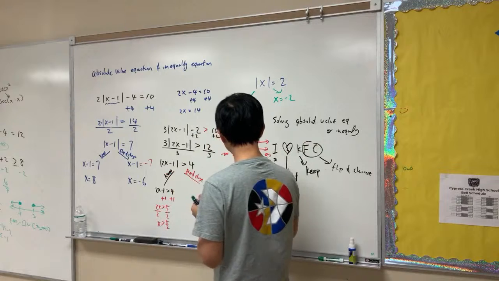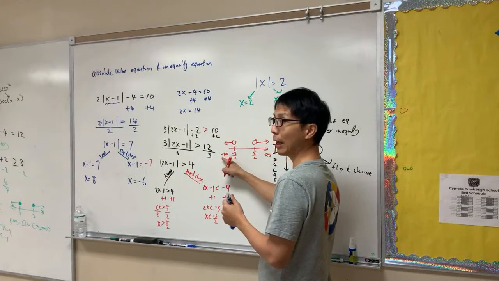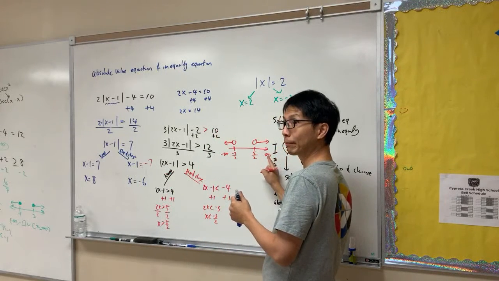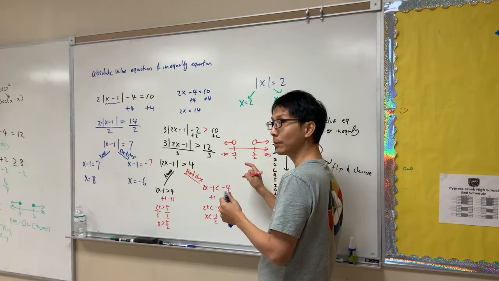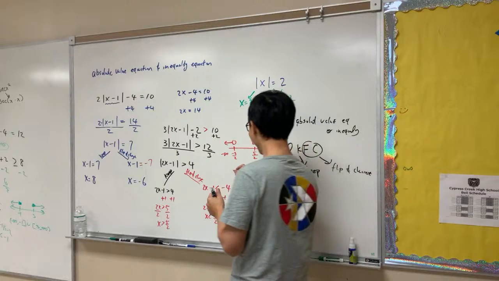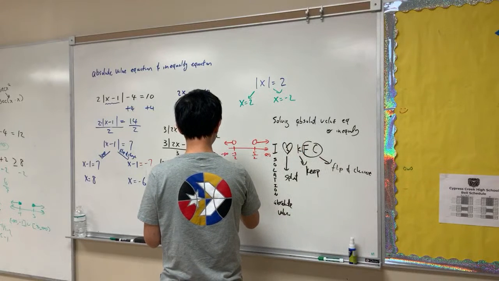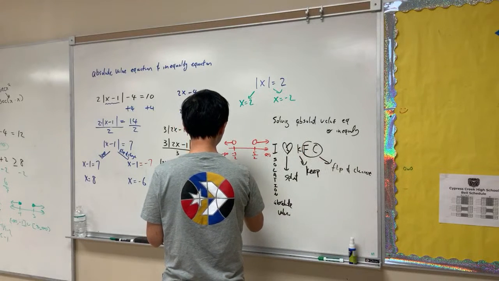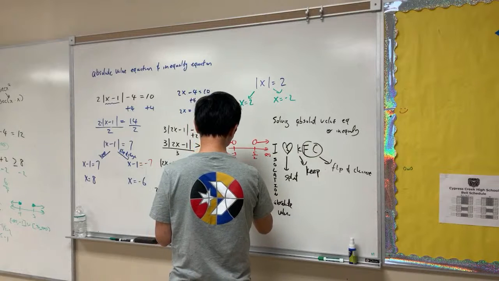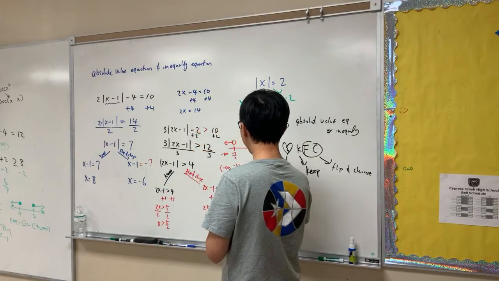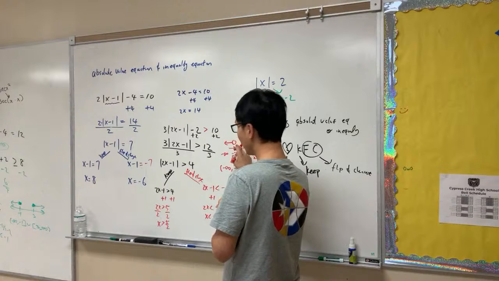So how do I do interval notation? I'm going to read from left to right. Ellie's already fallen asleep. No, you're asleep. So it's going to be -infinity to -3 over 2. Why is it a parenthesis? Because it's an open circle.